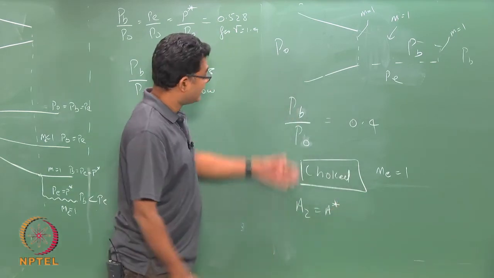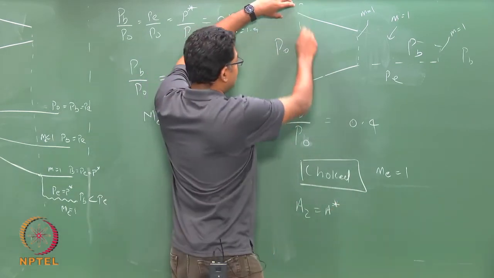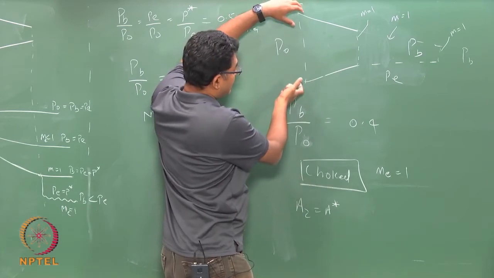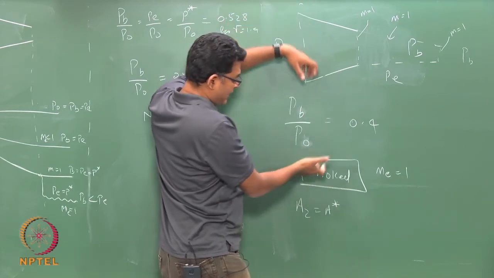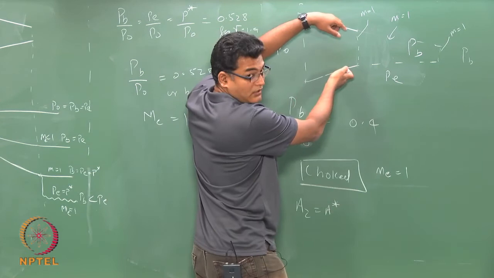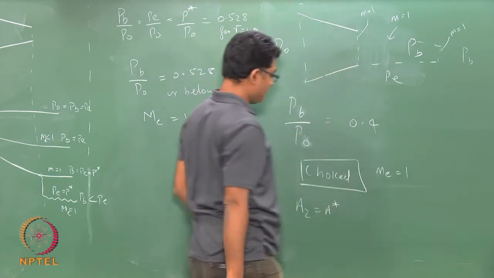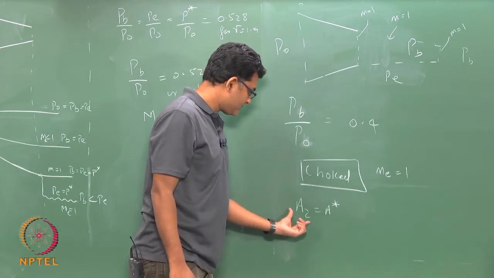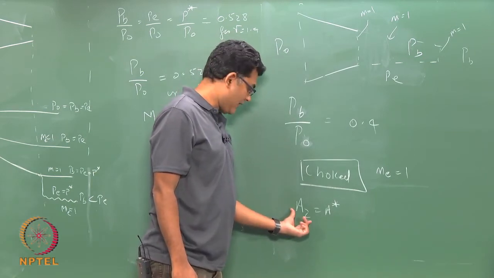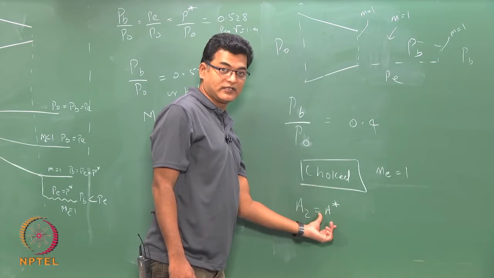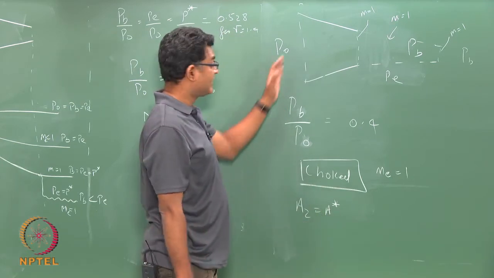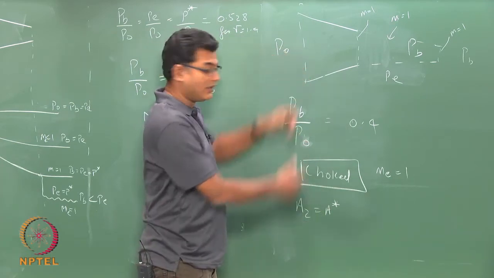What does that mean? I have some Mach number here. I am doing an isentropic process to bring my Mach number to 1, and that value of the area is your A star, which is precisely what we are doing. It is an isentropic process, we are bringing it to 1.